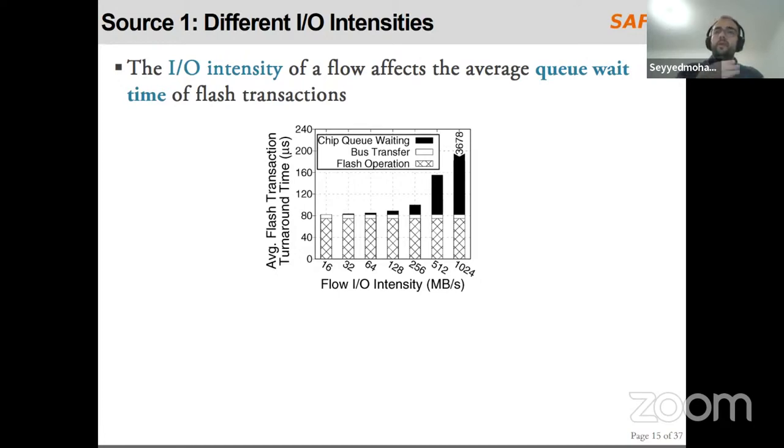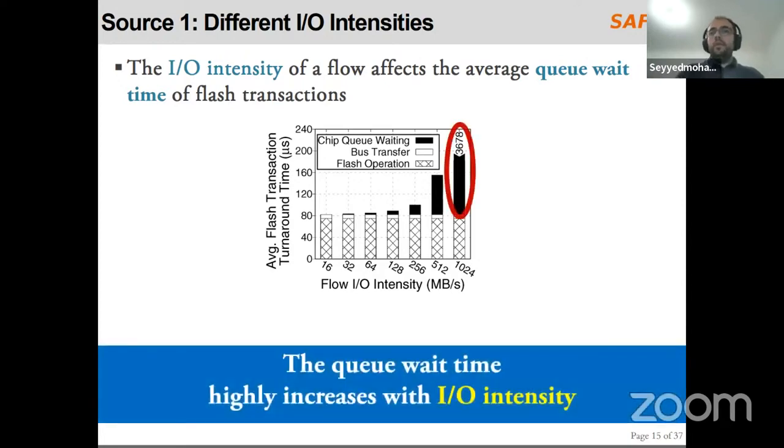When we increase the flow IO intensity, the flash operation latency and bus transfer latency are almost unchanged, but chip queue waiting time is increasing. At some point, it's the dominant factor that defines the total turnaround time. So the queue wait time highly increases with IO intensity.